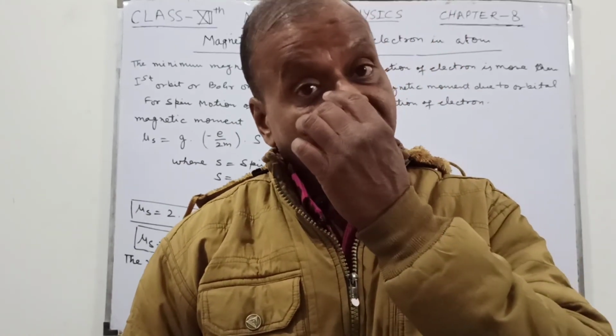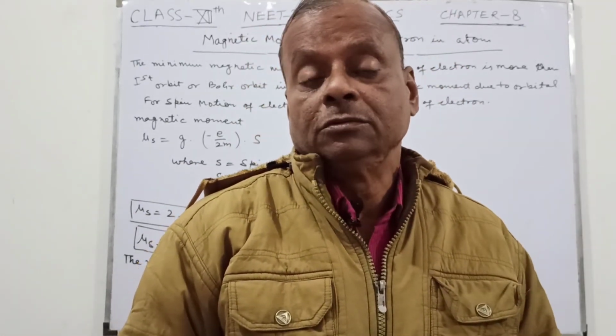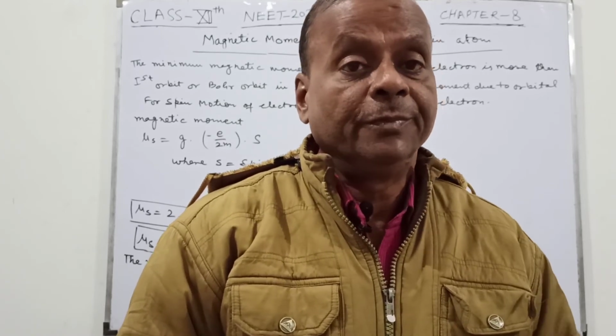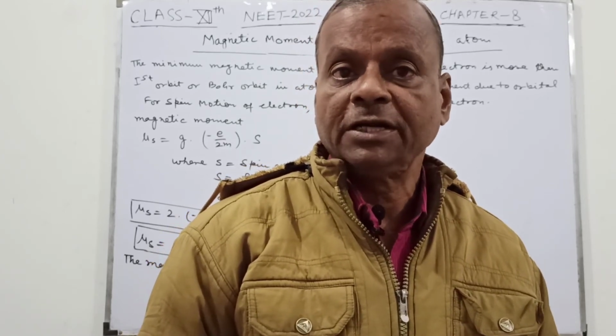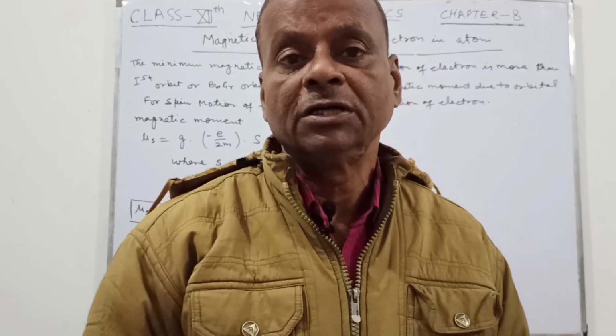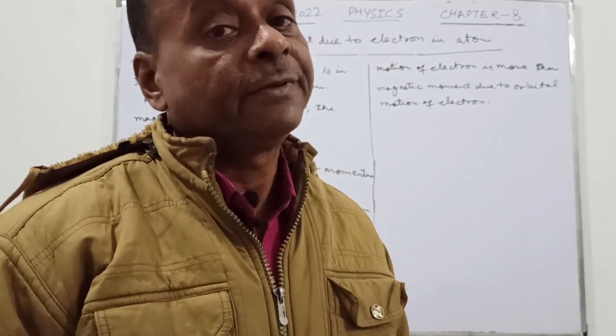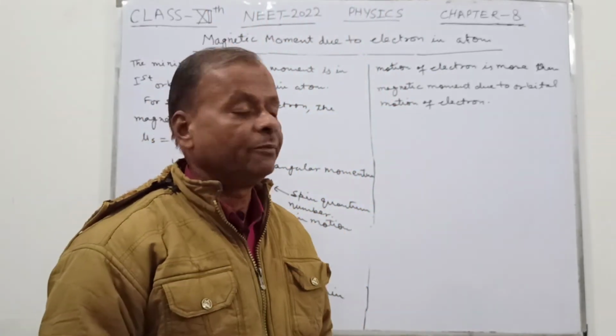If we find the resultant of the two, the magnetic moment due to the orbital motion and the magnetic moment due to the spin motion, that will be the vector sum of μ_L and μ_S.